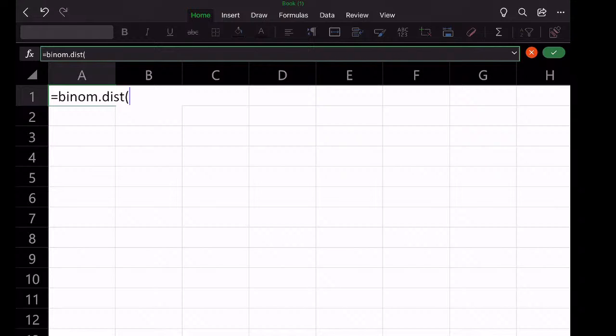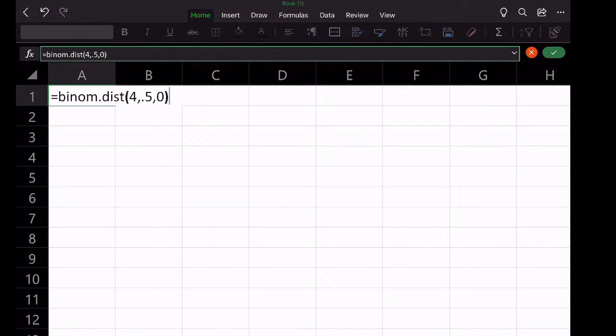I think it's just n and p. If I put n as 4, comma, p as 0.5, and then if it says cumulative, I think I have to tell which x I want it to be. 1, and I want to say no, not cumulative.